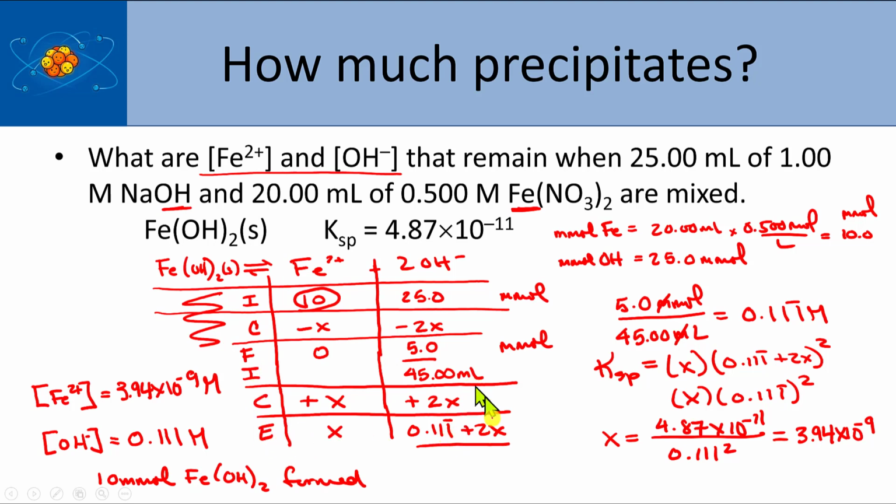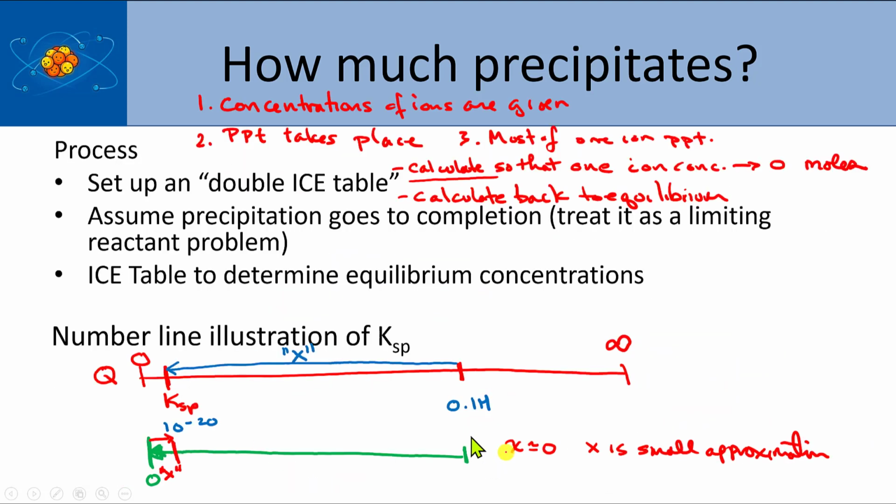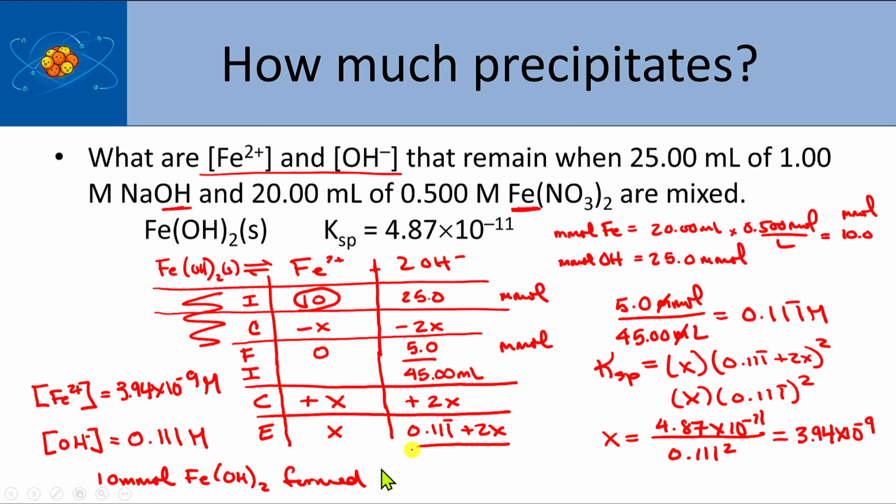Because we did this approximation where we shot all the way to the left of equilibrium, X will almost always be small, so you can make a simplification like this. When you look at your value for X, compare it to the concentration that it's being added to. If it's not small, then you need to set up a solver and solve for the value of X using a quadratic equation, or whichever order equation happens to be. This one would be a third order equation.